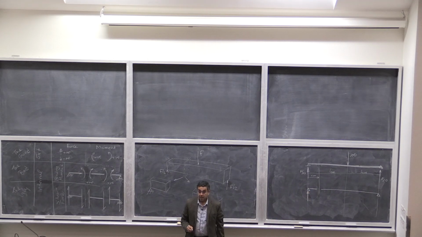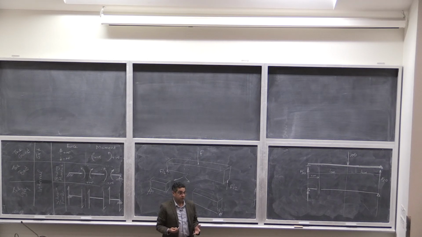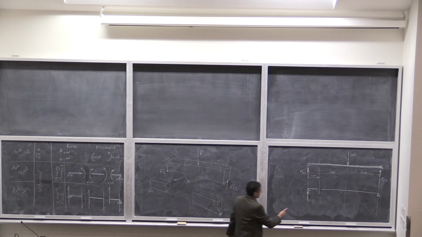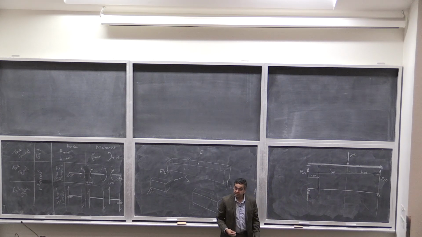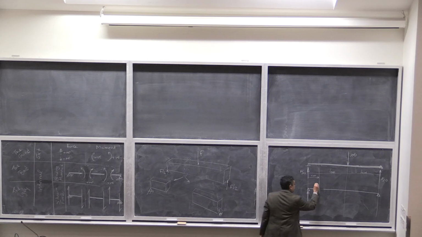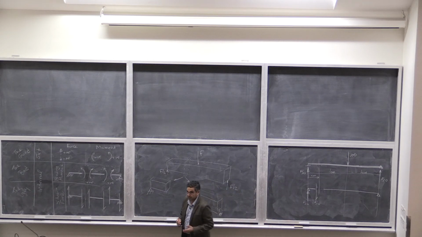Okay? What needs to be done for this to be in equilibrium? On the other side of it, at this part here, for sigma Fy to be 0, I must have another 50 here. So now sigma Fy equals 0.